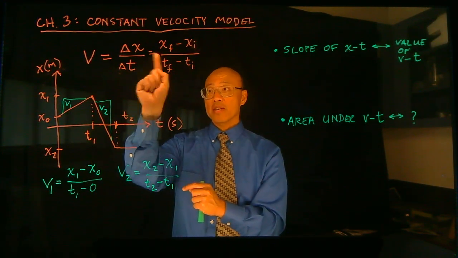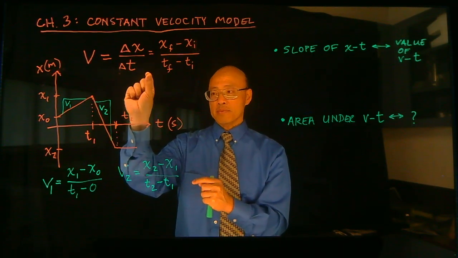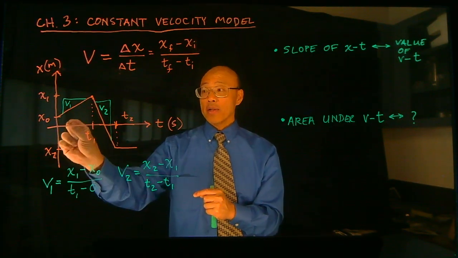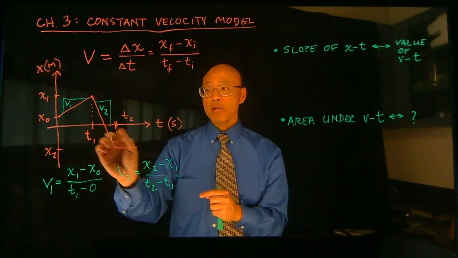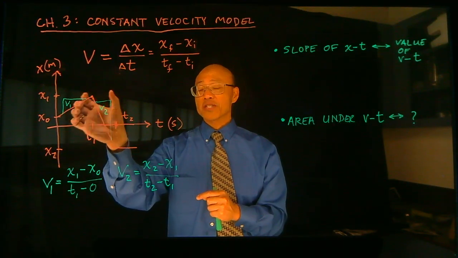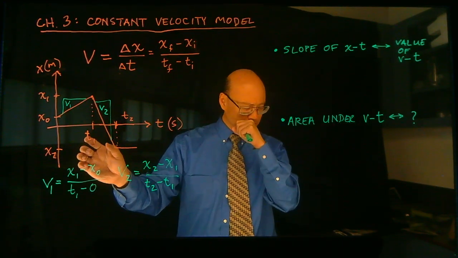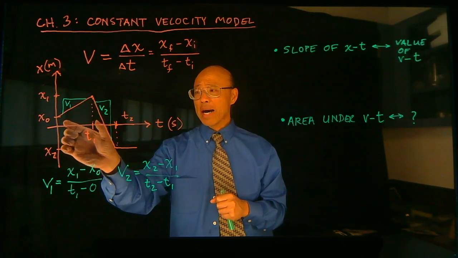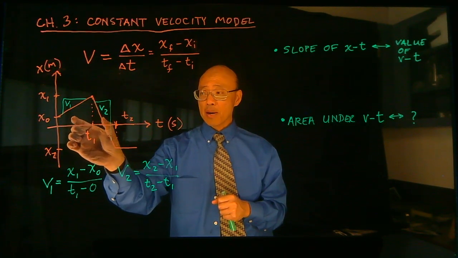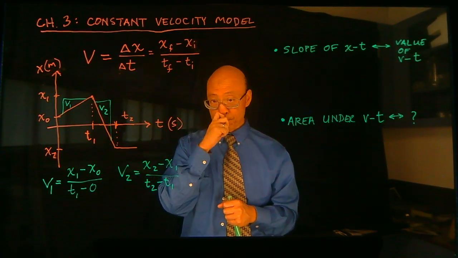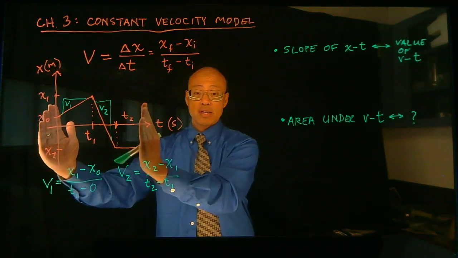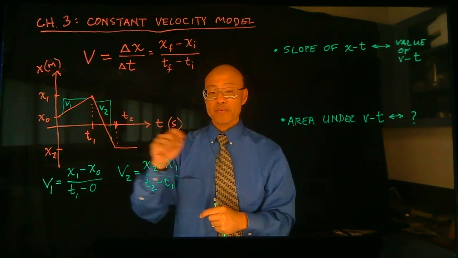So that's why this model can still represent a motion where velocities are constant during different time segments, but my whole journey can still be made up of different velocities.